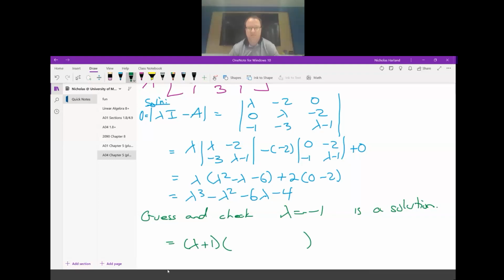But again, that is a guess and check thing, which is an awful test question if you have to rely on students hopefully guessing and checking the first thing first. So take that for what it is. But if we had one solution, how can we find this other factor?